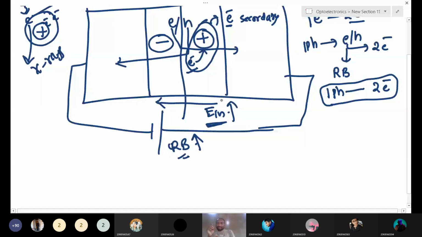The electrons generated by photons get some energy from this reverse bias voltage, which is more than sufficient to eject one more electron from the donor atoms. So even if the light intensity is low, the current is high because of this impact ionization or multiplication process. That is the advantage of the avalanche photodiode.